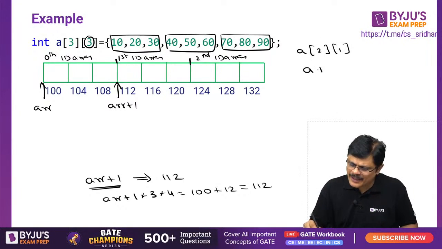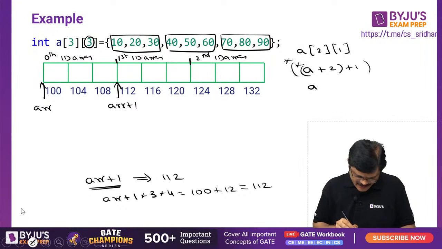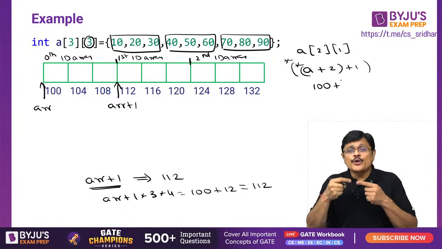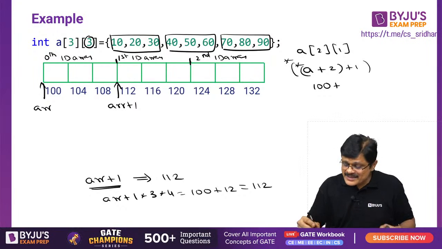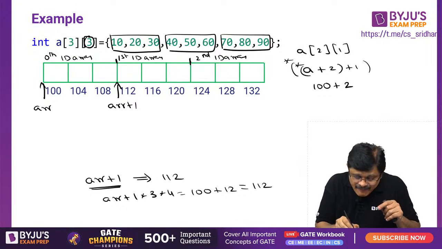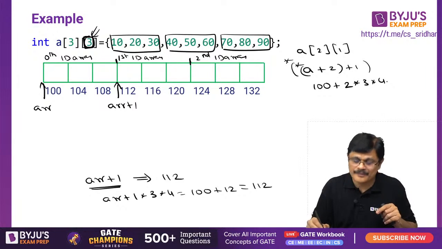See, it is like A plus 2 star plus 1 whole star. See, A address is what, sir? 100. In our case, it is 100. Now you are going for second fellow, means you have to see each 1D array contains how many elements? 3 elements it contains, and what is size of each fellow? 4.